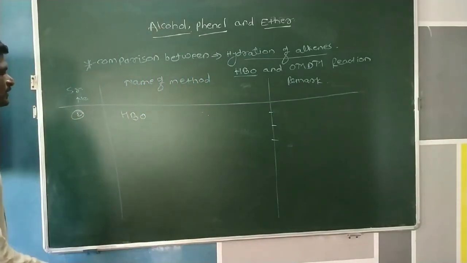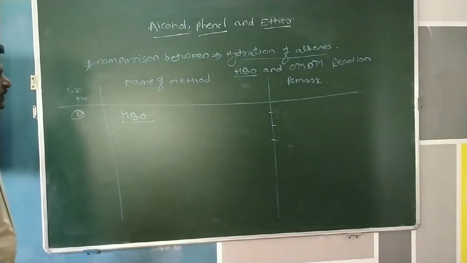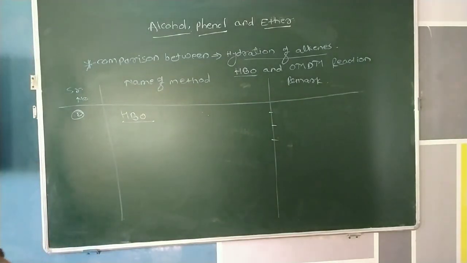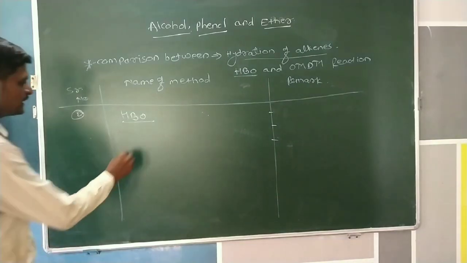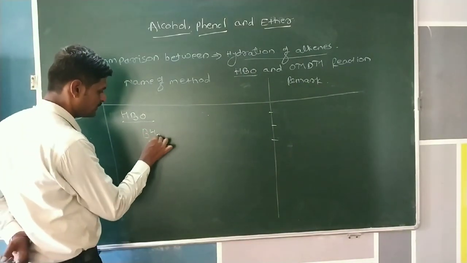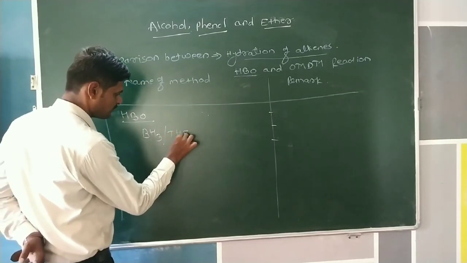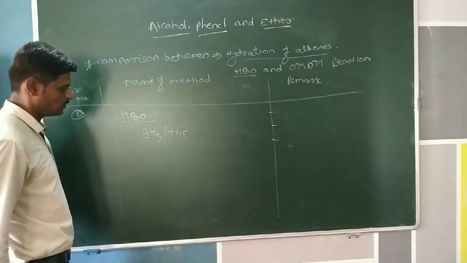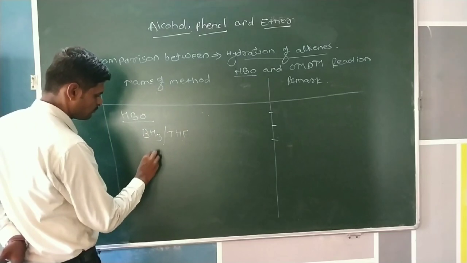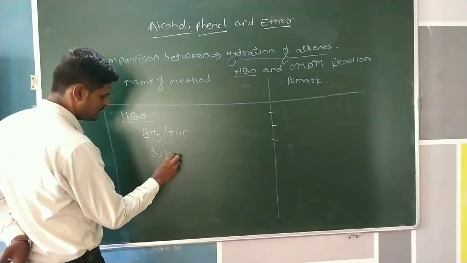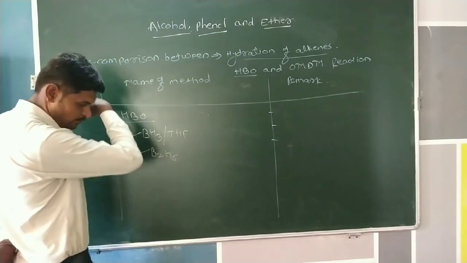There is an addition of hydroxyl group by using BH3 in presence of THF. THF is used as a solvent, or instead of this reagent we can use B2H6. BH3 is borane and this one is diborane.